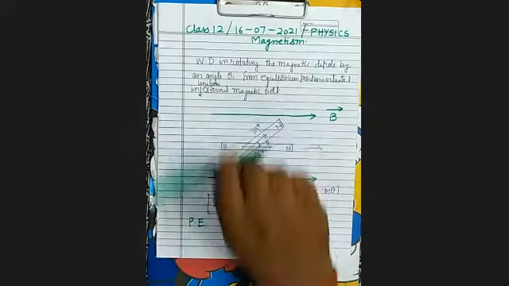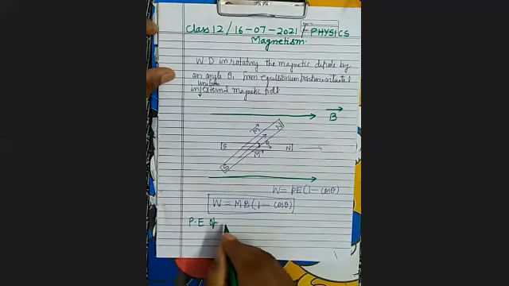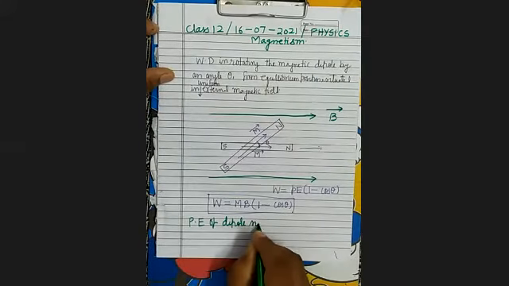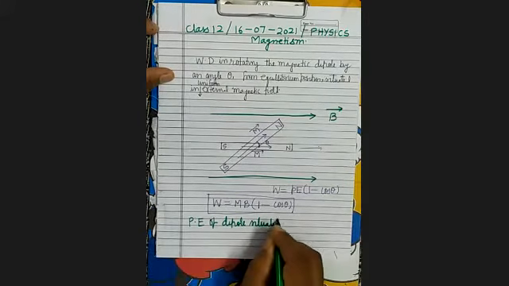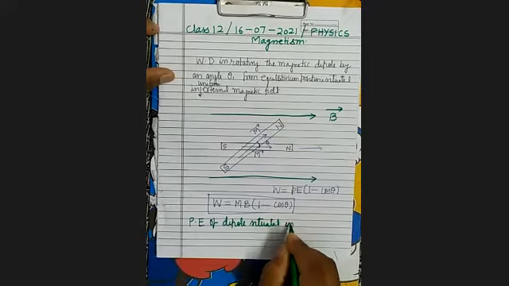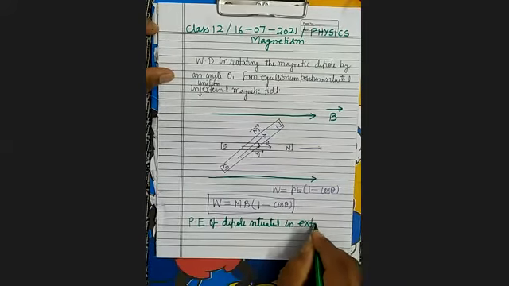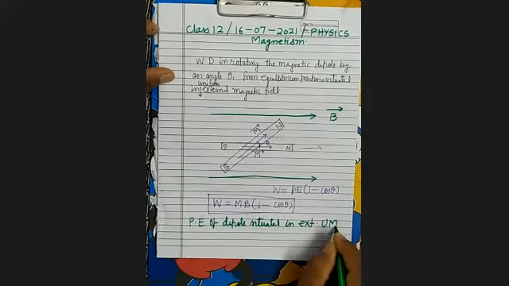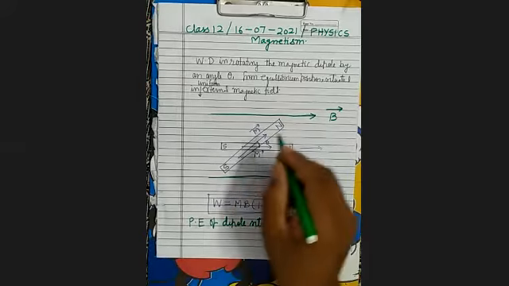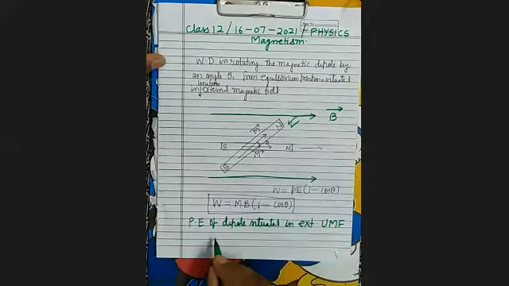So potential energy of dipole situated in external uniform magnetic field. So see here, what will be the potential energy in this position?